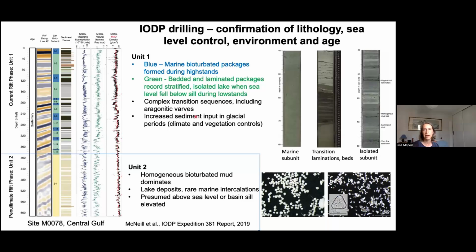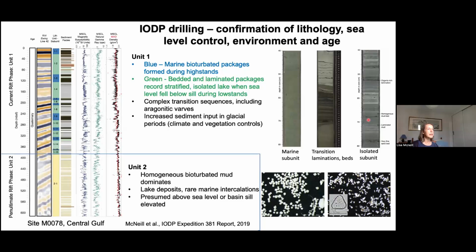Sure enough, we found a distinctive lithology in the marine intervals and in the isolated or lacustrine intervals. Quite different lithologies: heavily bioturbated sediments in the marine ones, indicating a lot of faunal activity, whereas in the isolated ones, we found more preserved bedding and laminated sequences.